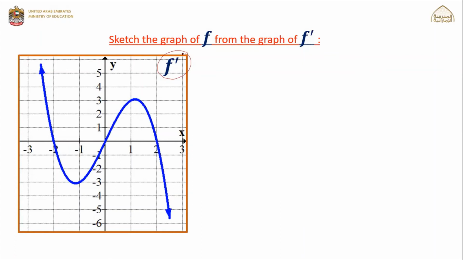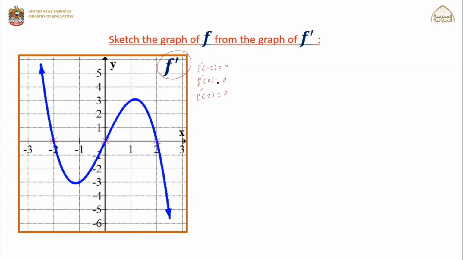Now, I must have some features of the function f from f prime. First of all, f prime of -2, f prime of 0, and f prime of 2, all of these equal 0. So f prime of -2 equals 0, f prime of 0 equals 0, and f prime of 2 equals 0.